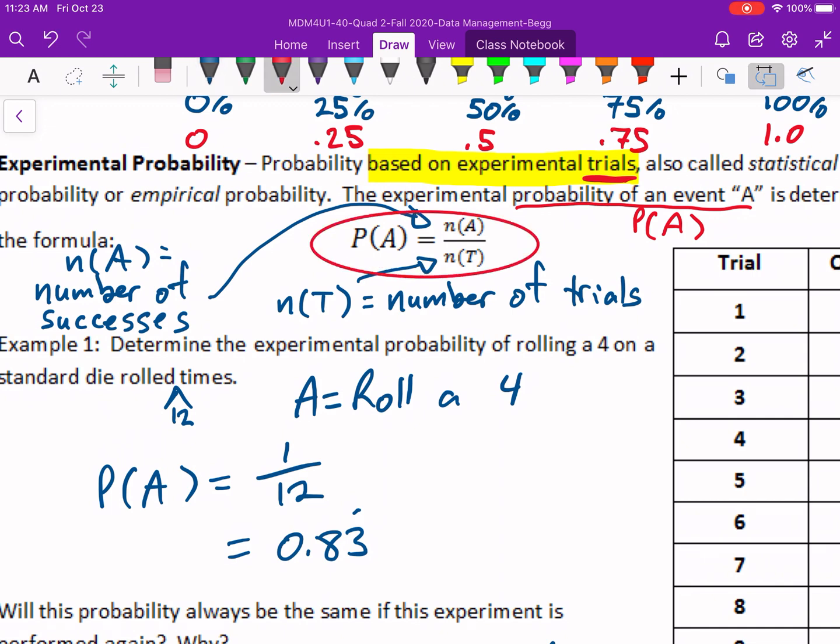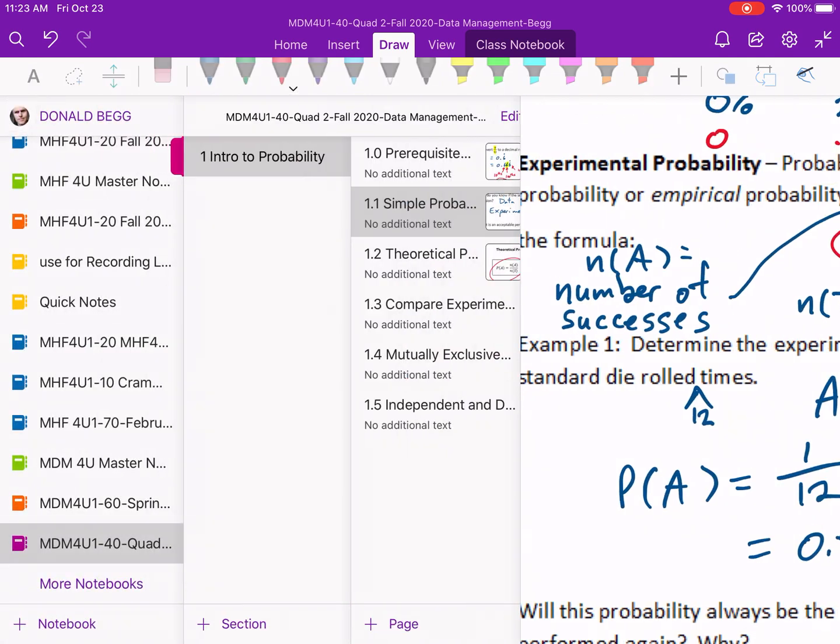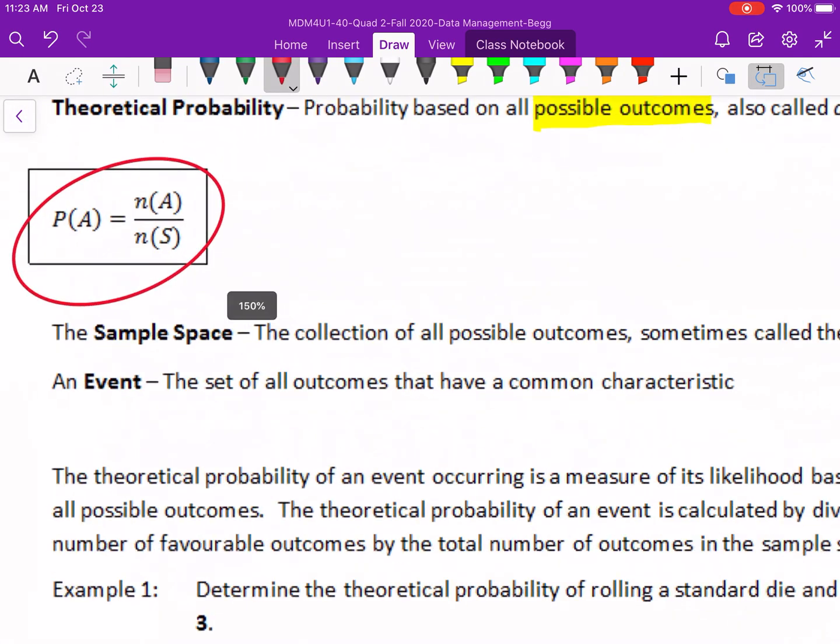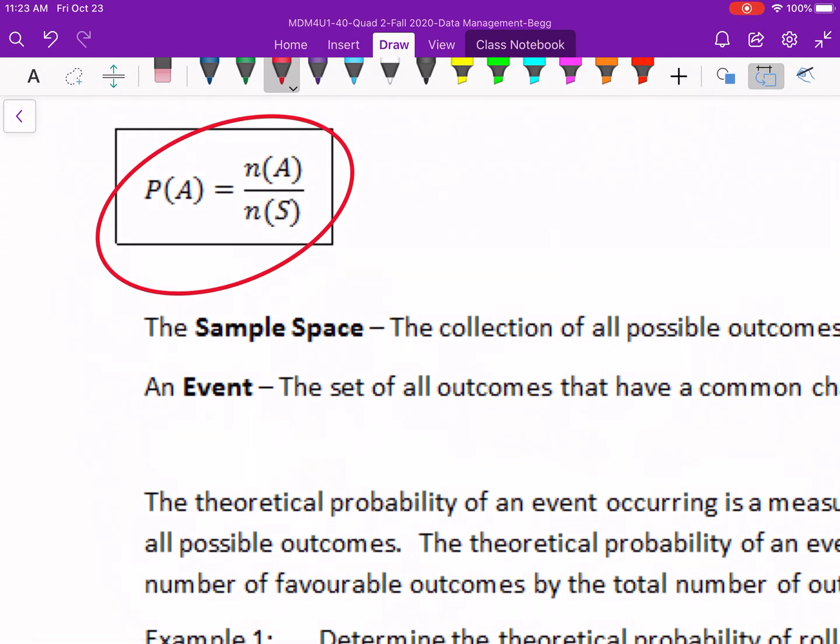Okay, so that's the formula. The one we're about to go to looks exactly the same, except on the denominator it says S instead of T. And the reason it says S on the denominator, N of S, is because we're not measuring the number of trials, we're measuring the number of possible outcomes in something called the sample space.